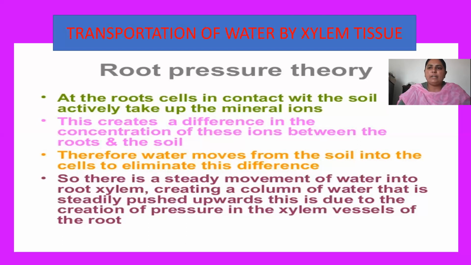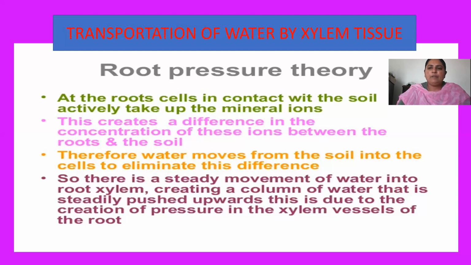In this way, the concentration gradient is shifted from one cell of the root to another, and later from the root cells to the stem cells, then from stem cells to the cells of the branches. By this root pressure, a kind of pressure develops, and this pressure is involved in the transport of water from one cell to another.